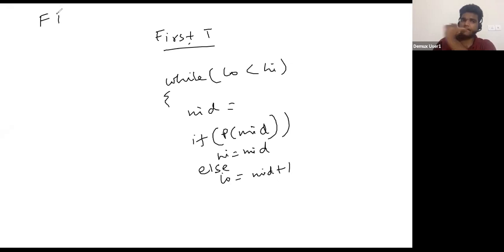See, these are F's, and these are T's. If you are here, you are looking for this element. If you are here, you can skip everything to the left as well as this. So you can make your low here. Why do you want to keep your low here? Because you are looking for the first T. Understood.